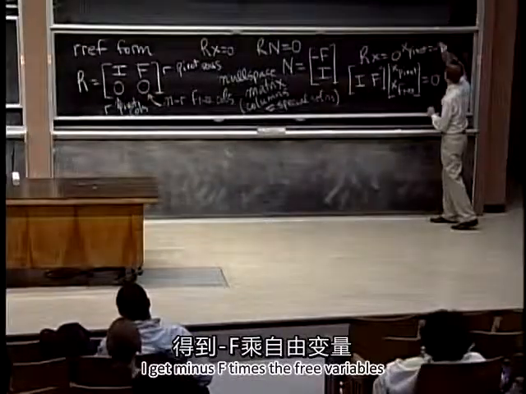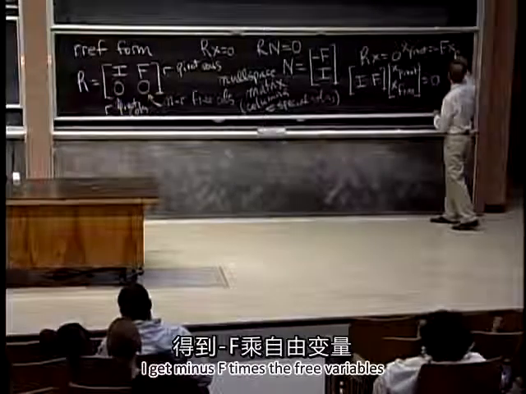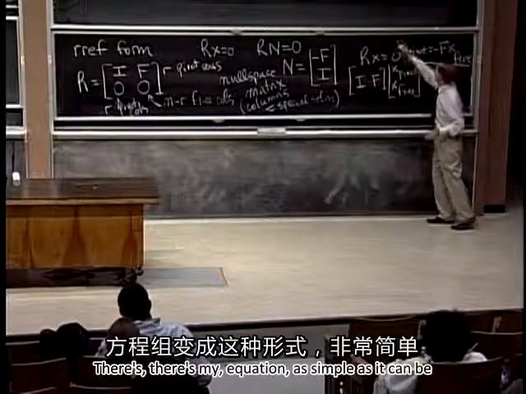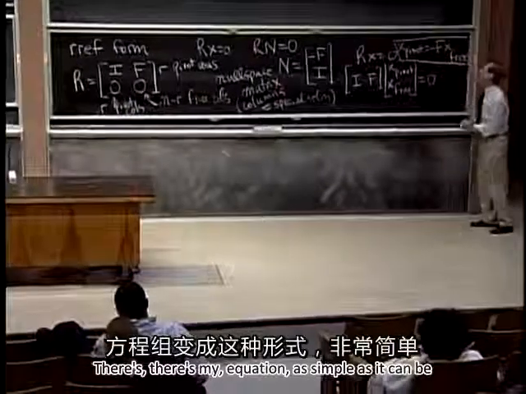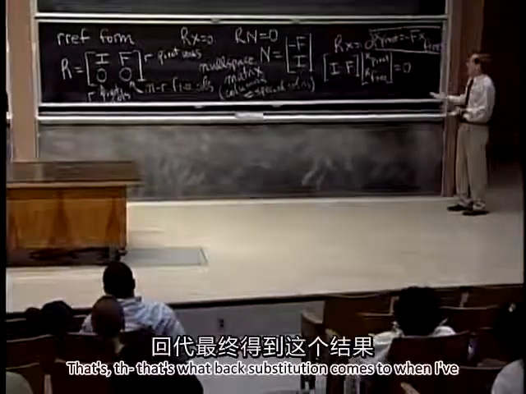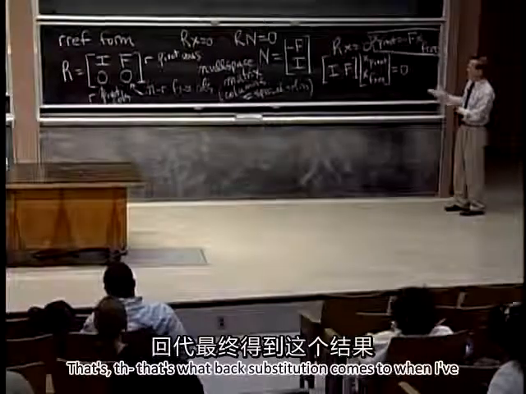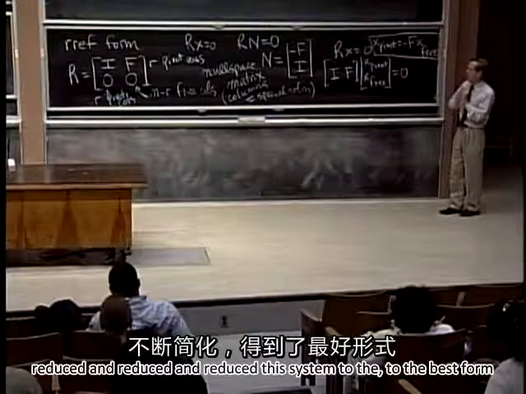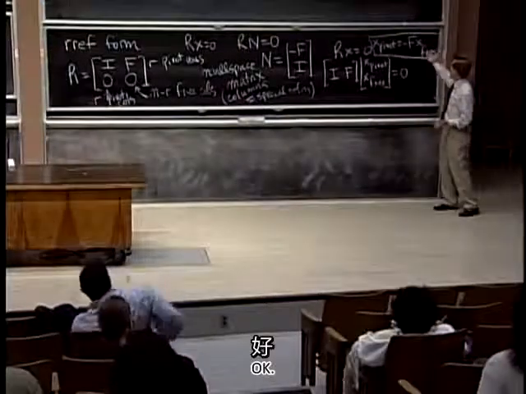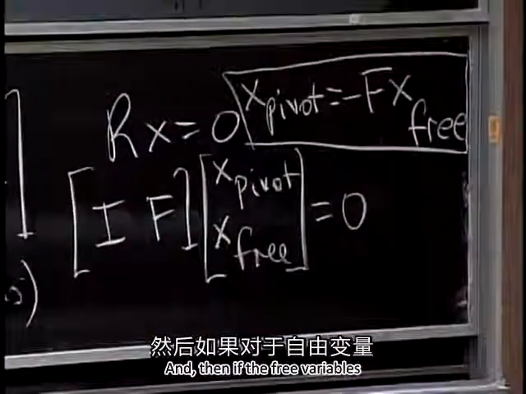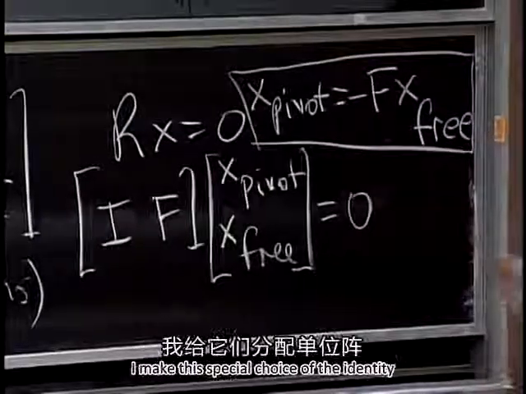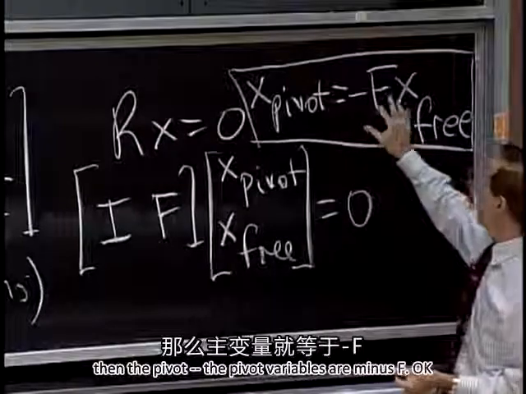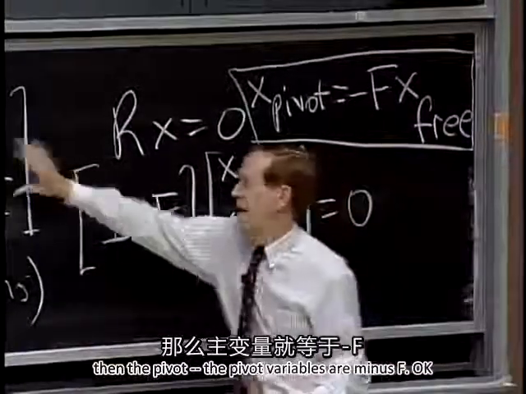I get minus F times the free variables. There's my equation as simple as it can be. That's what back substitution comes to when I've reduced and reduced and reduced this system to the best form. Okay. And then if for the free variables I make this special choice of the identity, then the pivot variables are minus F.